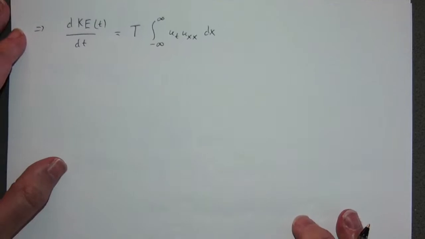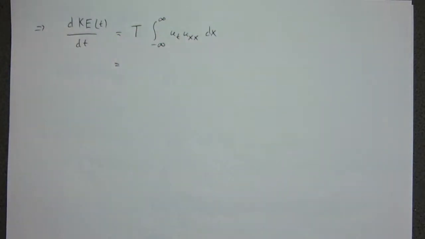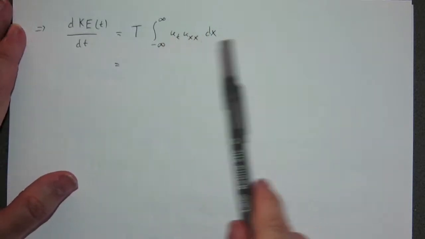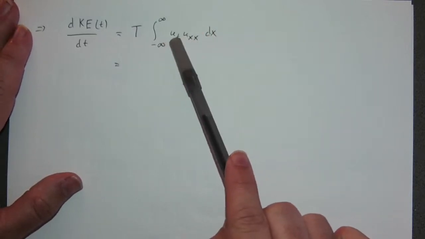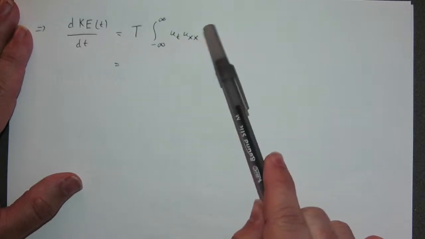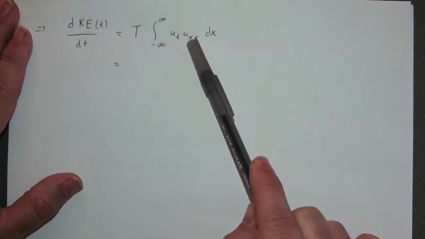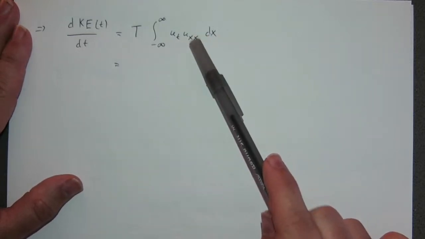Let's think about basic integration by parts, how this works. I need a u and a dv. I'm going to have my u be this thing because I want the derivative to happen on this term. And my dv is going to be this u sub xx dx because that's the thing I want to get rid of a derivative on. I'm going to be integrating it.